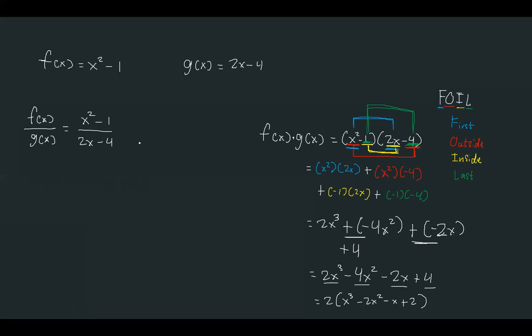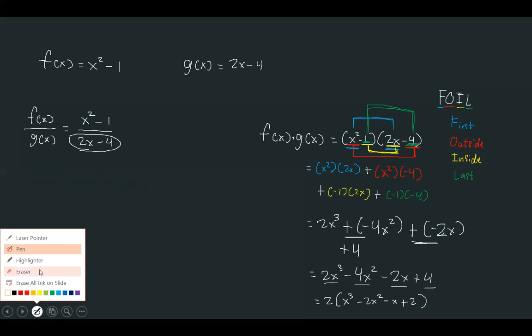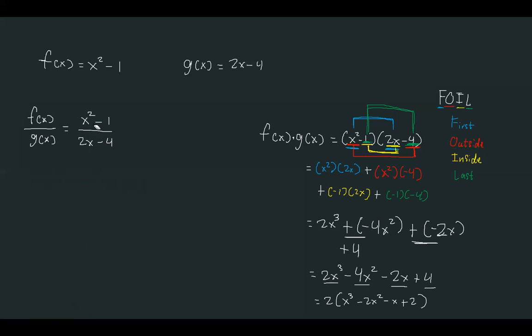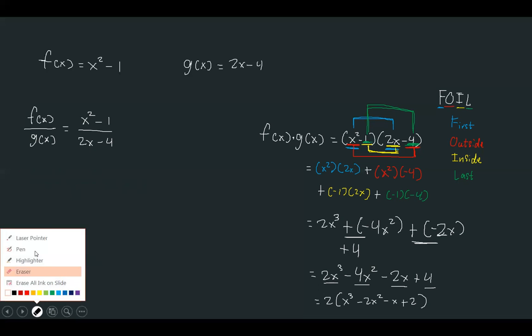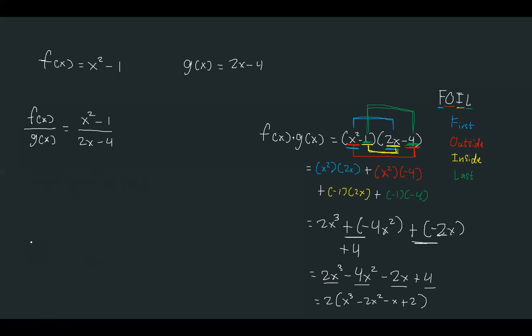Well, not yet, actually. Why? Because we can factor this one. It's up to you if you like to leave the answer as it is. But if you want to simplify, then we can factor 2x minus 4.